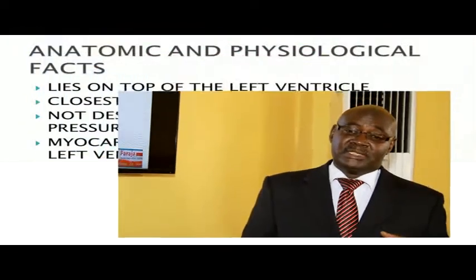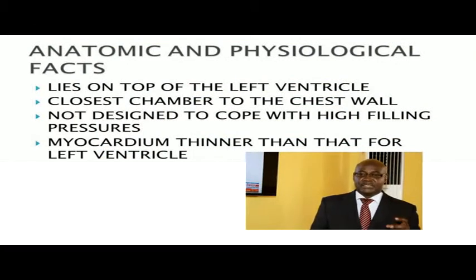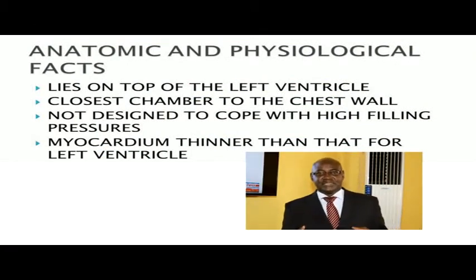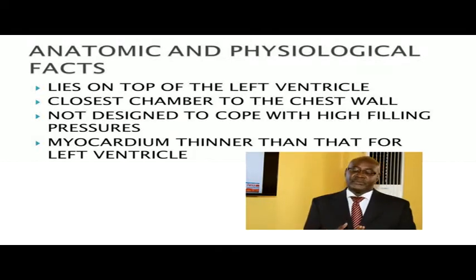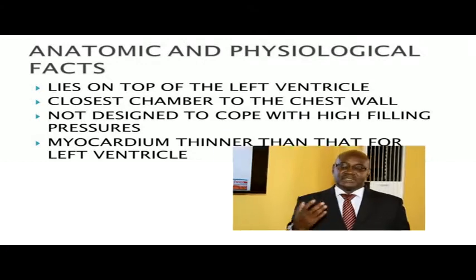Therefore, when you compare the thickness of the muscle of the left and right ventricles, the right ventricle has a thinner muscle because it doesn't have a lot of work. It just has to pump blood to the lungs, as compared to the left ventricle that has to pump blood to the rest of the body.